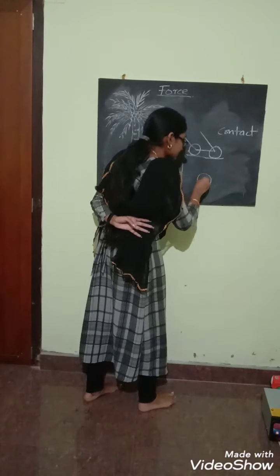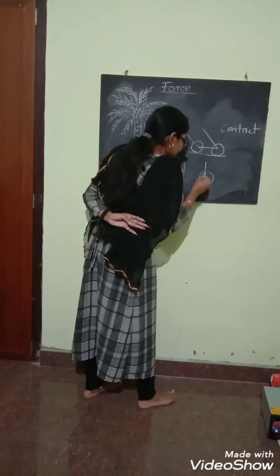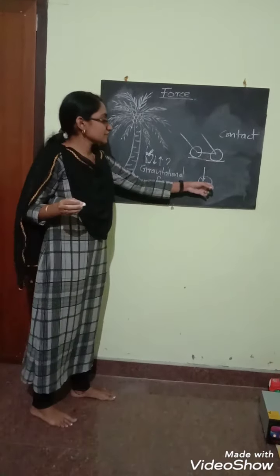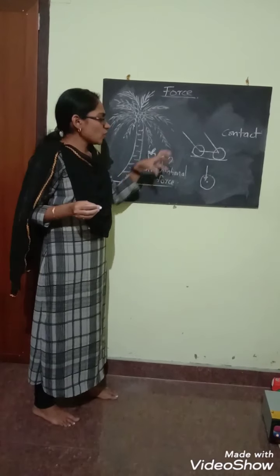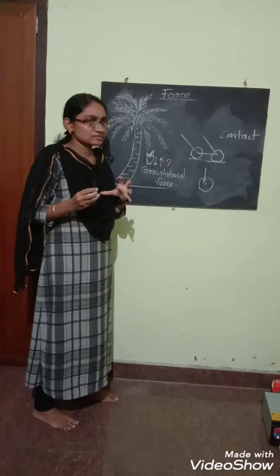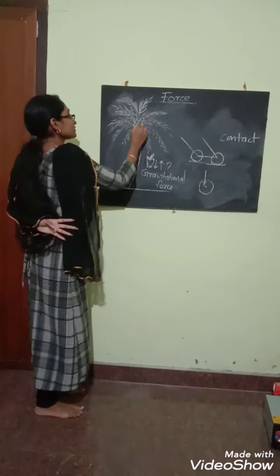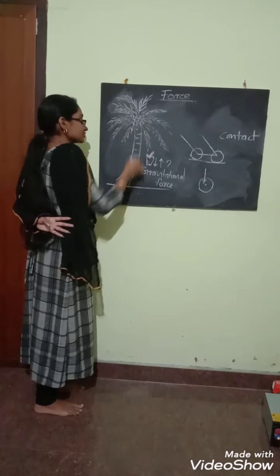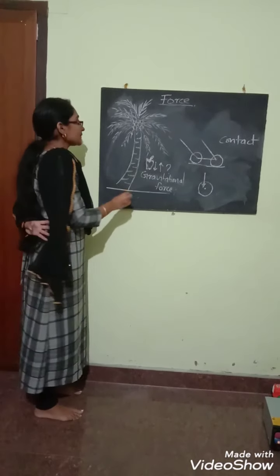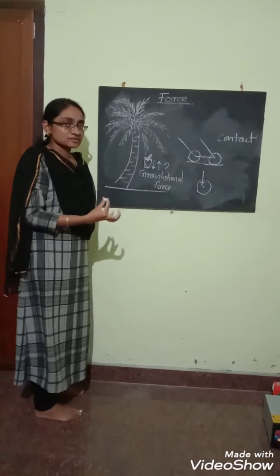and we all know that everything is attracting to the center of our earth. And if the object and this earth have a contact, you can look in this example. These all coconuts are attracted to the center of our earth. But do they have a contact with the center of earth?